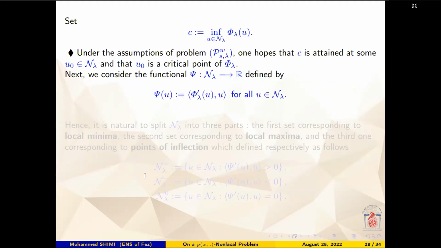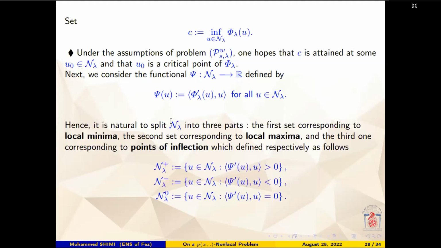If we set c equal to the infimum of phi lambda on N lambda, under the assumptions of our problem, one hopes that c is attained at some u0 belonging to N lambda and that u0 is a critical point of phi lambda. Now we consider the function psi defined from N lambda to R by the following formula.